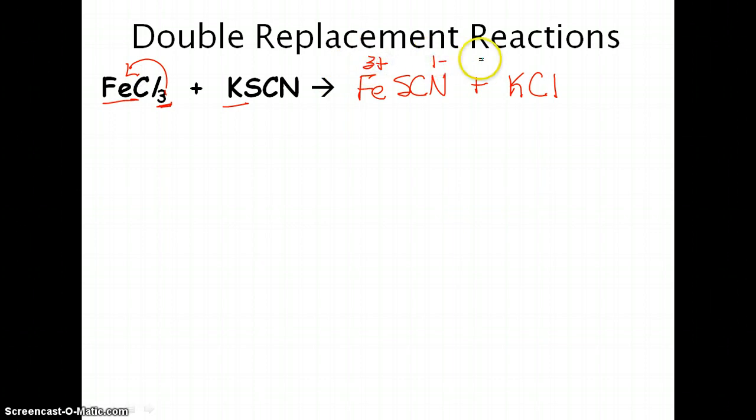SCN's polyatomic thiocyanate, 1 minus, so that gives us Fe parentheses SCN 3. Oh snap, did not mean to put a little dash across there. All right, K is 1 plus, Cl is 1 minus, so they just cancel. And then to balance the equation, put a 3 there, and then a 3 there.